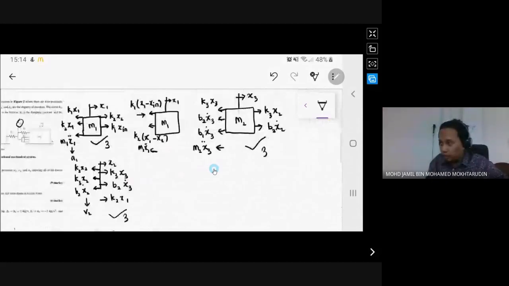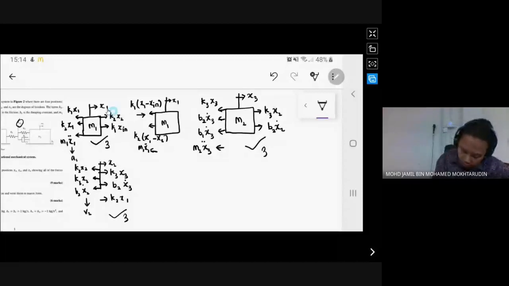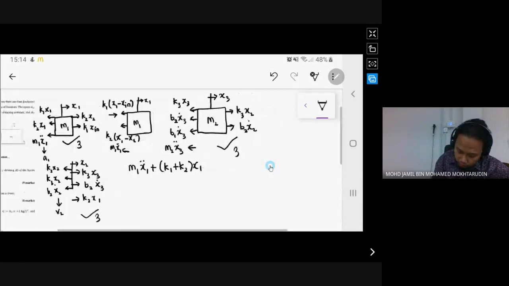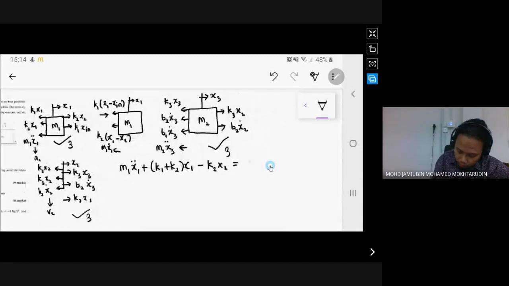So for X1, you have M1 X1 double dot plus (K1 plus K2) X1 minus K2 X2 equals K1 X in.